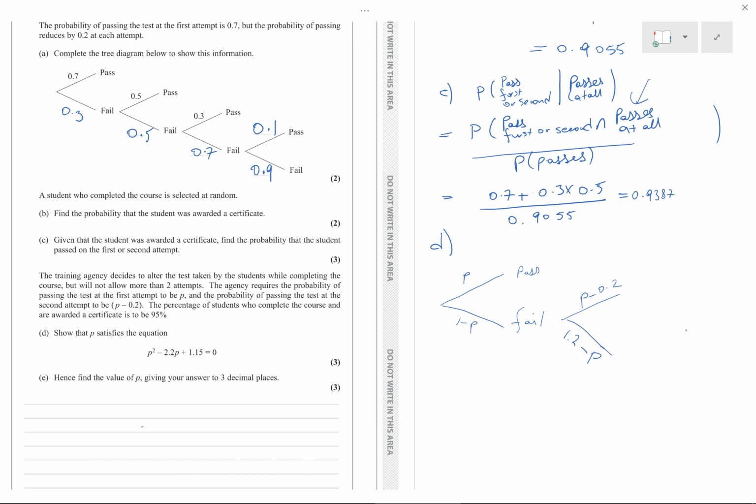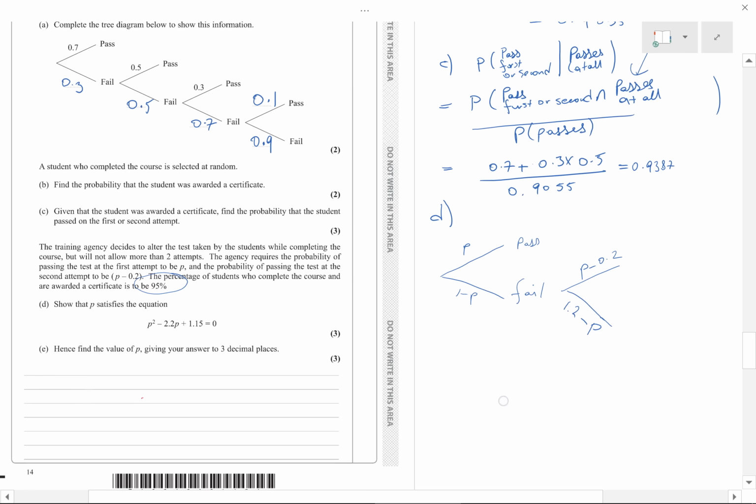I didn't ask for a tree diagram, but it's kind of a good idea to get this out of it. So it does say that the percentage of students who complete the course needs to be 95%. So obviously it can happen by 2 ways.